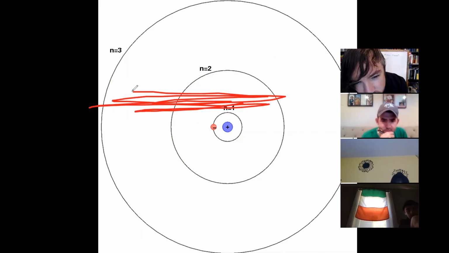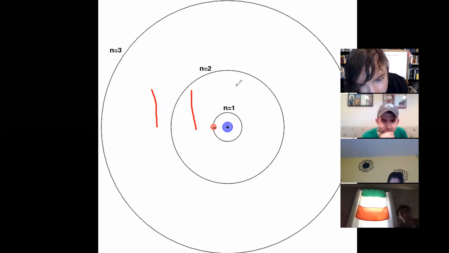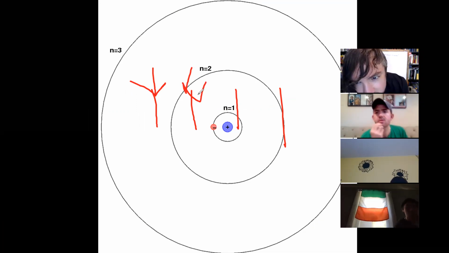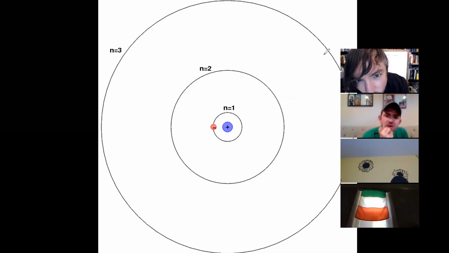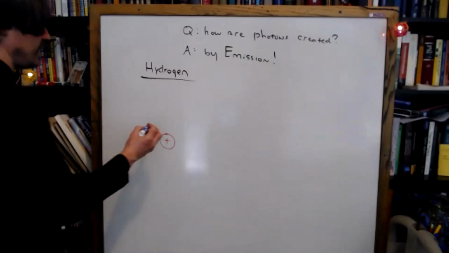Space is not smooth and continuous at very tiny scales. Space is instead discrete and choppy. Things can exist here, they can exist here, but they can't exist in between. One way people say this sometimes is that the orbits of electrons are quantized.